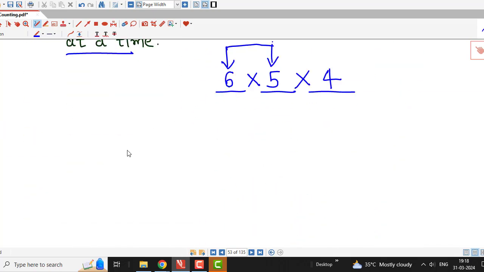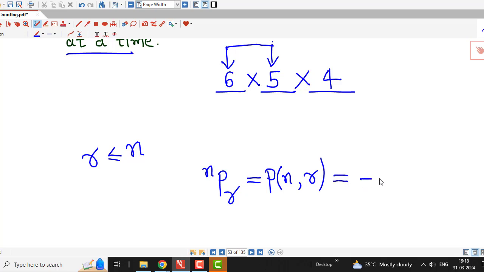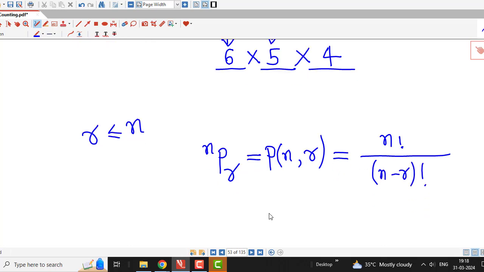We know that if we have n objects and we are interested in the arrangement of r objects out of n objects, then that number is given by nPr. Another notation is P of n comma r, and we have a ready-made formula for this. It is given by n factorial divided by n minus r factorial, or we can write in this form also.